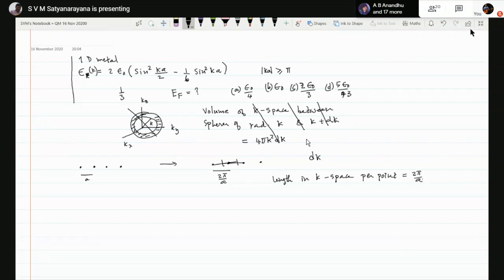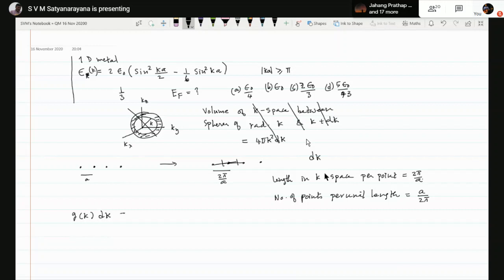In other words, the number of k space points, or number of states, these k points are like states, per unit length is a by 2 pi. So what is your g(k) dk, the number of states?